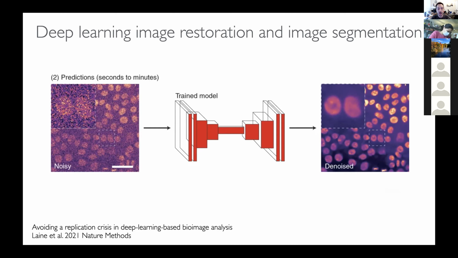Then you need to start thinking about imaging with very noisy data, and then using something like a deep learning restoration tool to restore that signal, so that then you can go and segment the organelle or the cells or whatever you're imaging. And the other advantage is they're a lot faster to implement. So there's this overhead at the beginning where you have to train the network, and they can be quite specific to a task.